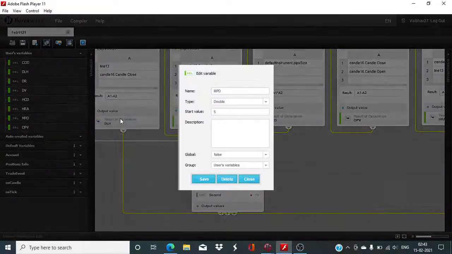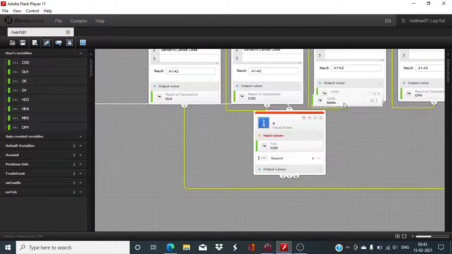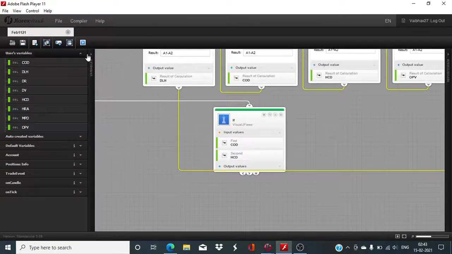Let me see what is the MPD value. Okay, we need to make sure that there is enough volatility. The difference is at least more than 5 pips.